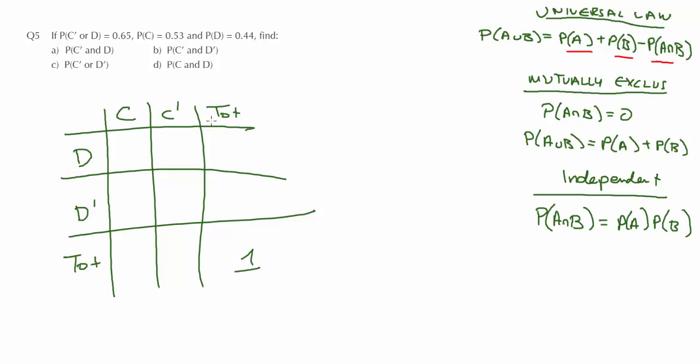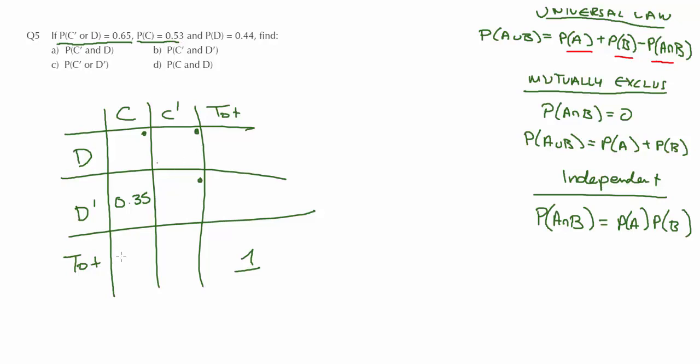So now the probability of not C, so that means this one, and oh, wait, one second. Yeah. So probability of C or D. That involves the two not C's and D. So I know that those three add up to 0.65, which means this must be 0.35, because remember, all four of these have to add up to 1.